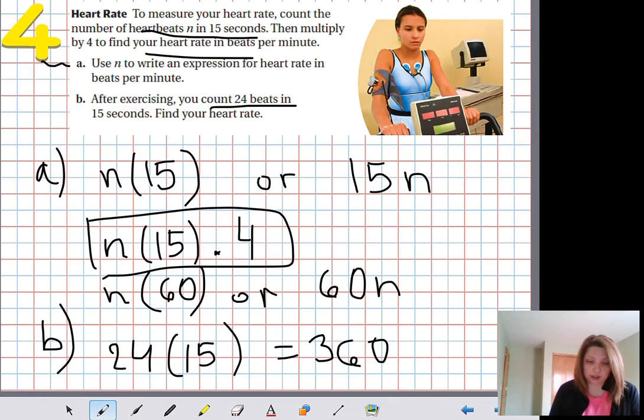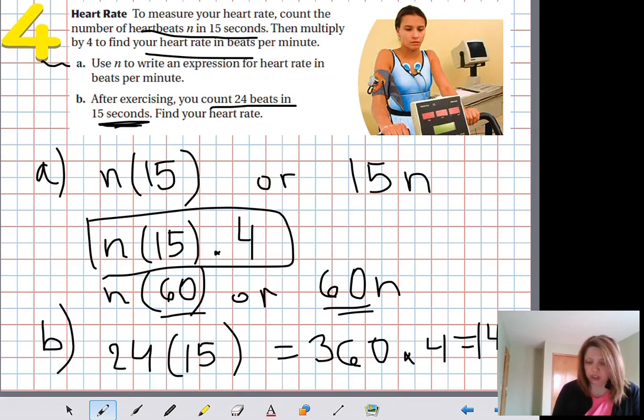And in order to find the heart rate per minute, we have to multiply this times 4, because 1 minute has 60 seconds, right? And right now we have given only 15 seconds. So if you want to calculate how many beats will be in 1 minute, we're going to multiply 360 times 4, and we will get 1,440.